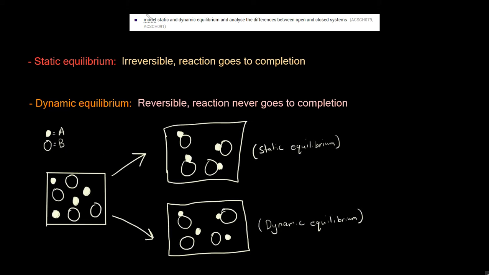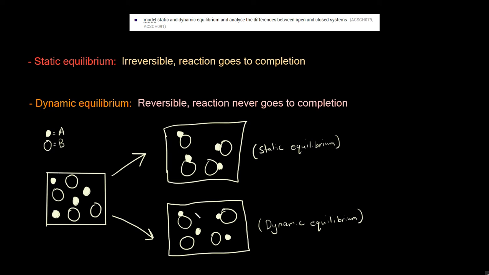This dot point just states model, so I drew up a pretty dodgy model right here. We have molecule A and B. This is the products, and this is the reactants. In a static equilibrium, all the reactants turn into products.